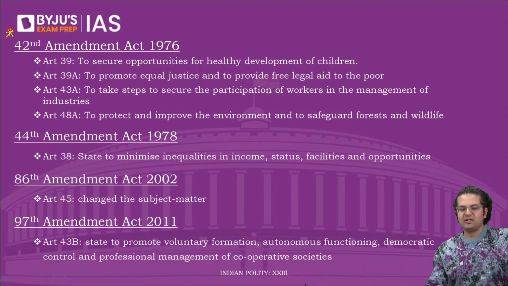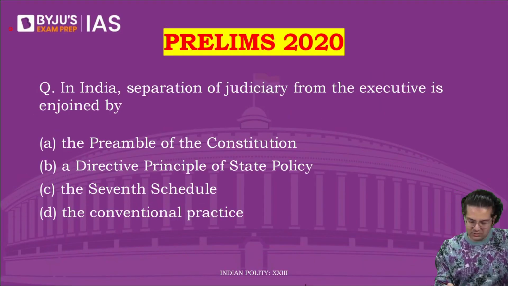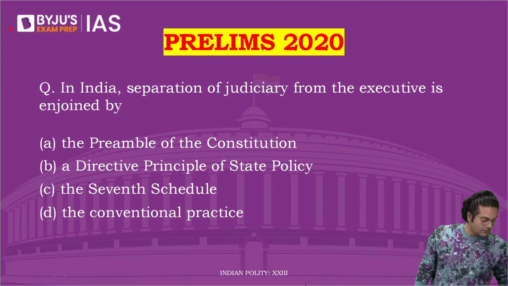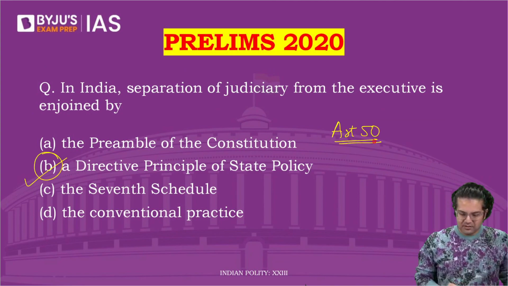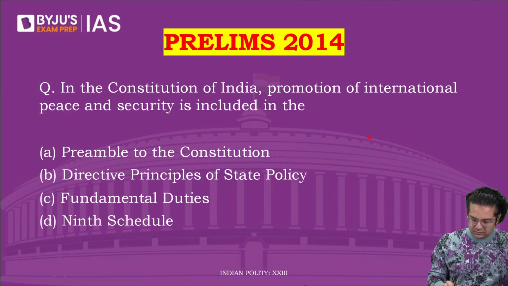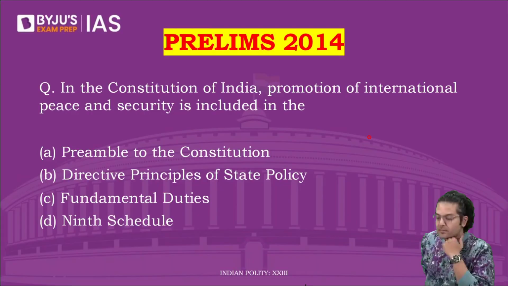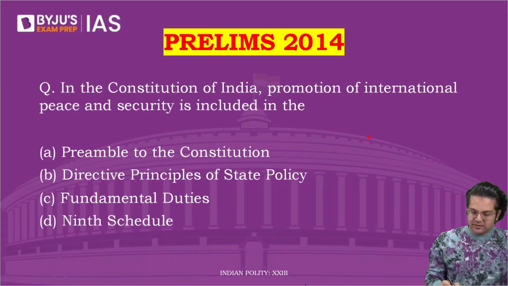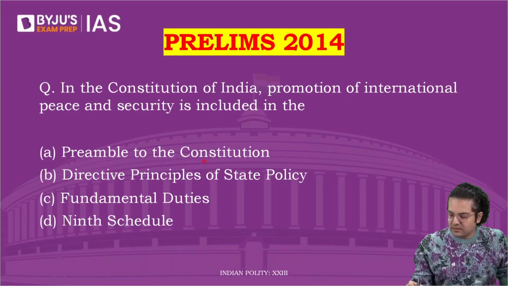Okay. Question time. Solve this question. Very different. Of judicial. One more question. 86%. This is Article 51, part of DPSP.